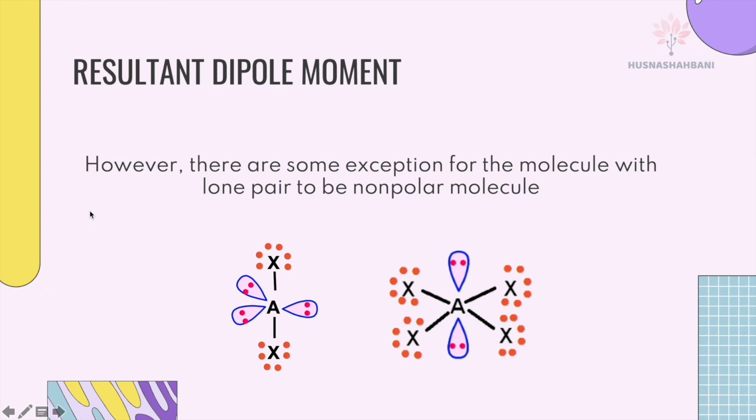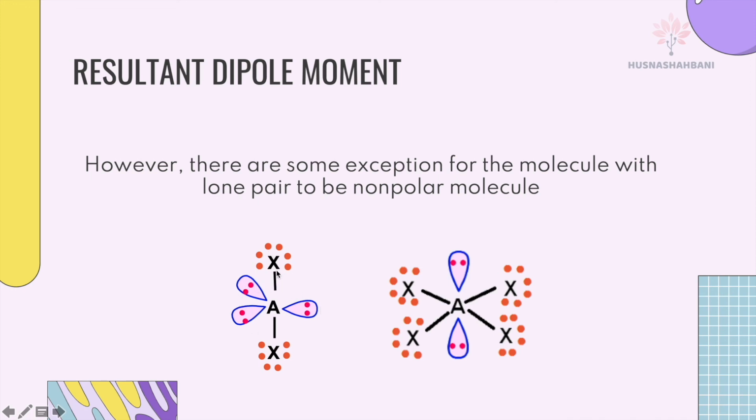More exceptions. However, a molecule with lone pairs can also be nonpolar if you look at the molecular shape. For this one, the central atom has the same surrounding atoms, but it has lone pair electrons. If the molecule has the same surrounding atoms but has lone pairs, it will be polar. But the exception is the lone pairs. If you look at the lone pairs, all the lone pairs are on the plane.